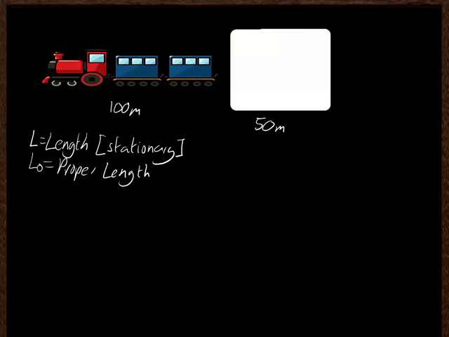So where do we go from there? We know that L equals L0 over gamma. We can do a little bit of rearranging, make gamma the subject, and we get that. Now we know what the proper length of the train is. That's 100 metres.